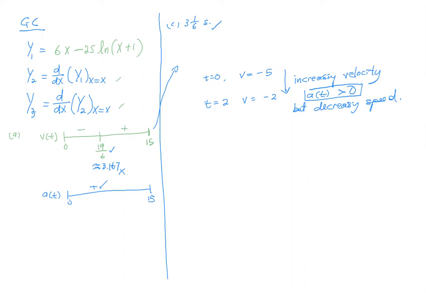So for this question, in order to gain your 4 marks, this one gets 1 mark. Describing this part based on this sign diagram, you get 1 mark. You talk about stopping at this time, you get another mark. Describe clearly this, you get another mark. So you get your 4 marks there. So that's why I say you have to know how to describe.